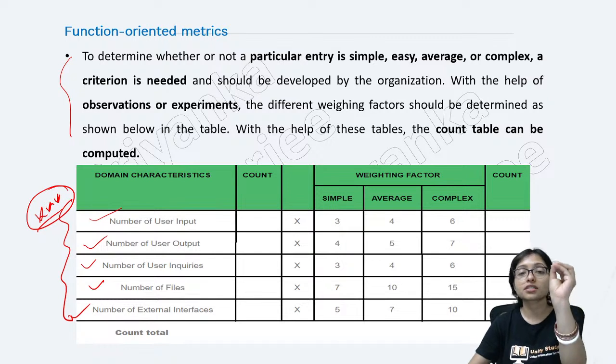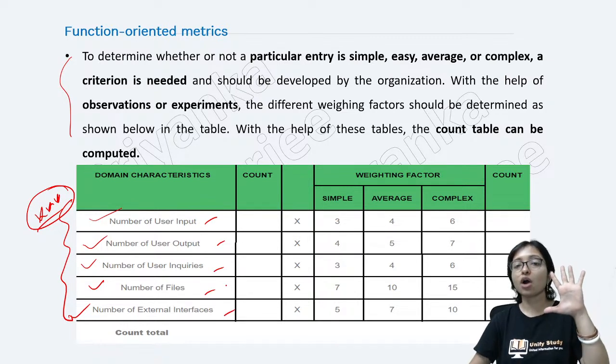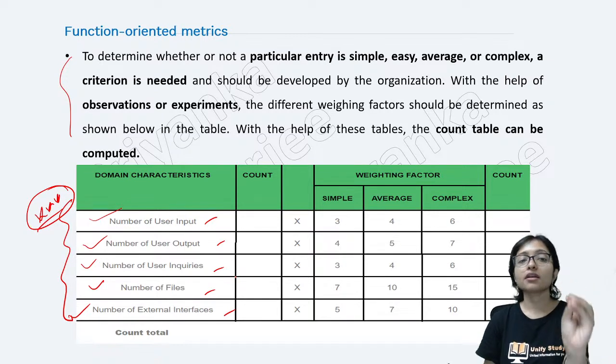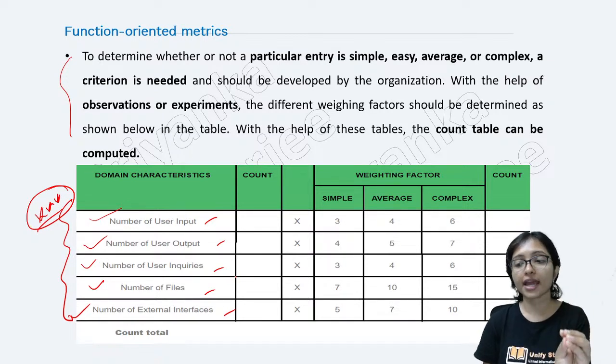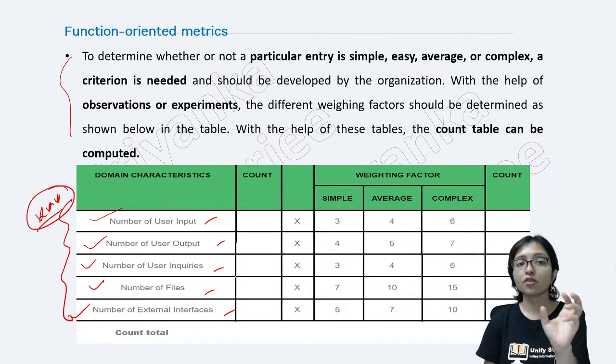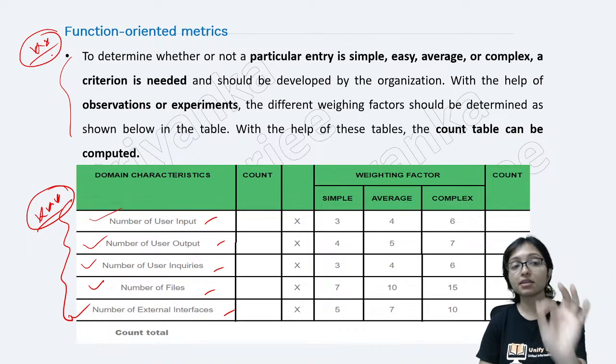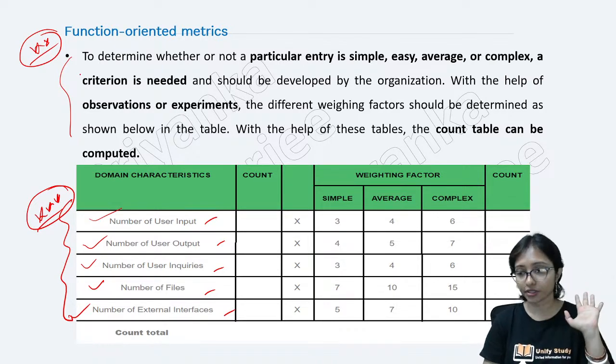Numerical questions came previously from here, and these five. How to count the function oriented metric? What are the main domain characteristics we are focusing on for function oriented metric? Very, very important. Must remember it. Wherever I am giving you a star, these are very important.